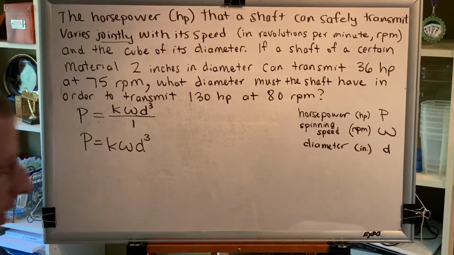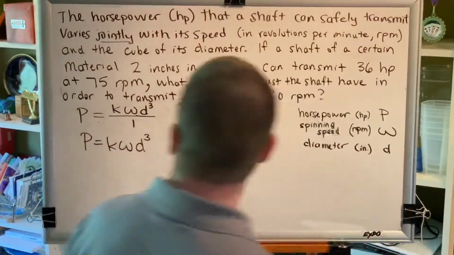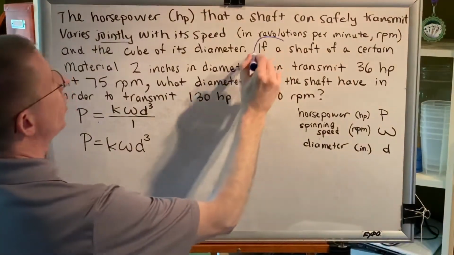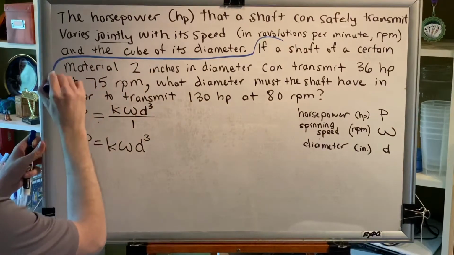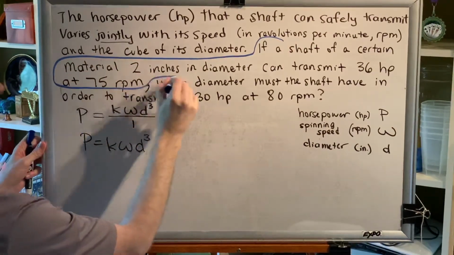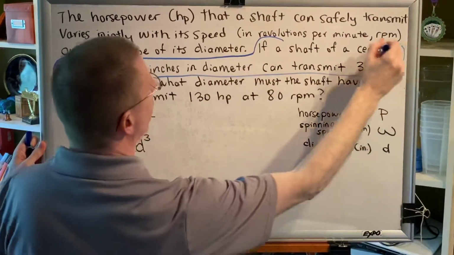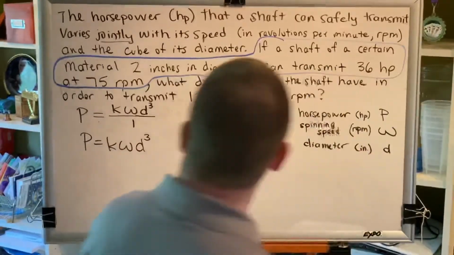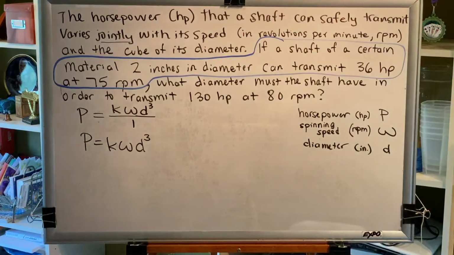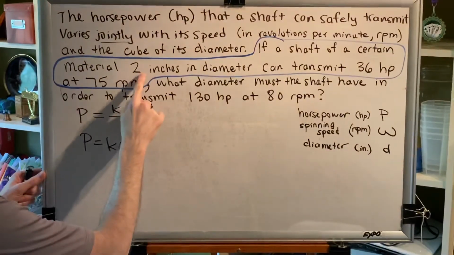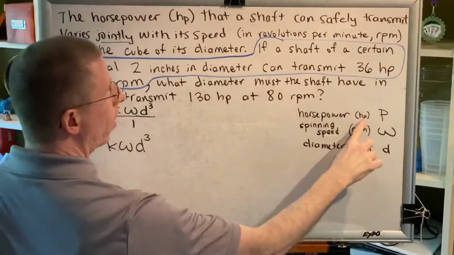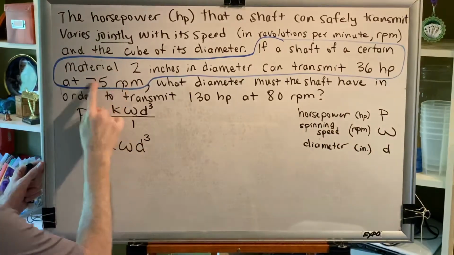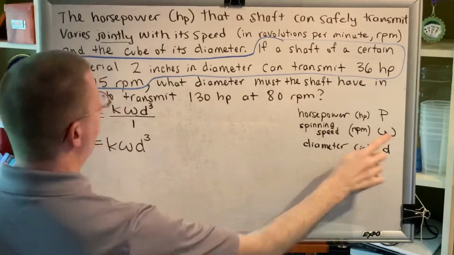Step 5 is where we replace all letters in our equation except for k with numbers. If a shaft of a certain material 2 inches in diameter can transmit 36 horsepower at 75 revolutions per minute, notice that they are giving us a number for D, a number for P, and a number for omega.